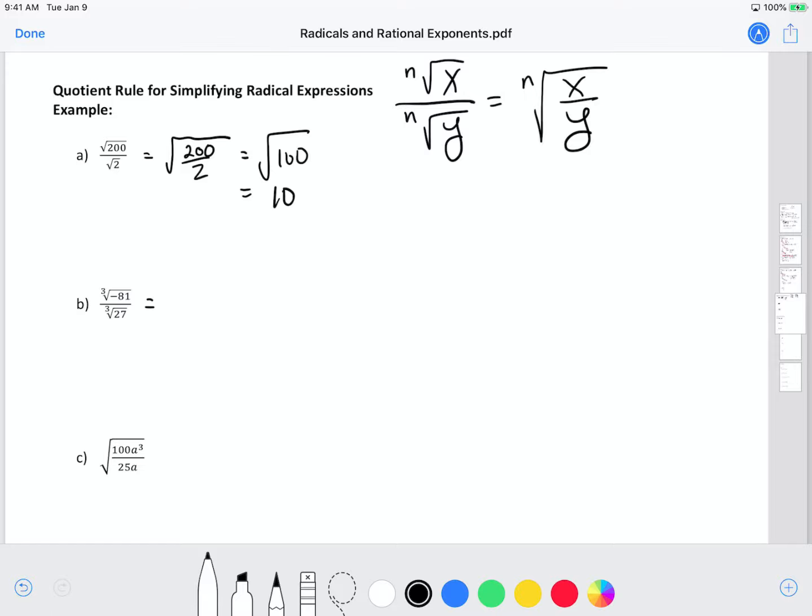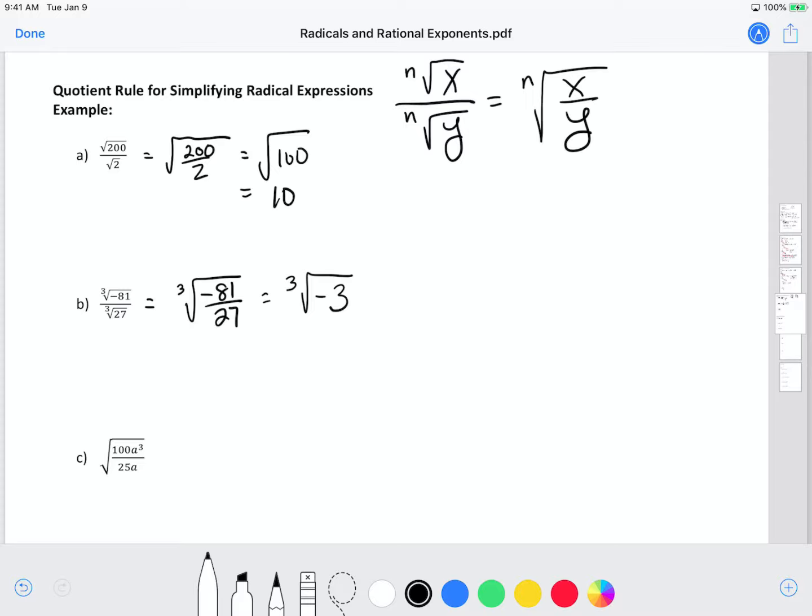Since I can't simplify the numerator and the denominator nicely individually, I'm going to try to combine them and see if that helps make it easier. So I'm going to take the cubed root of negative 81 over 27. Negative 81 divided by 27 is negative 3. Now I can't take the cubed root of negative 3, so I would just leave it as is.